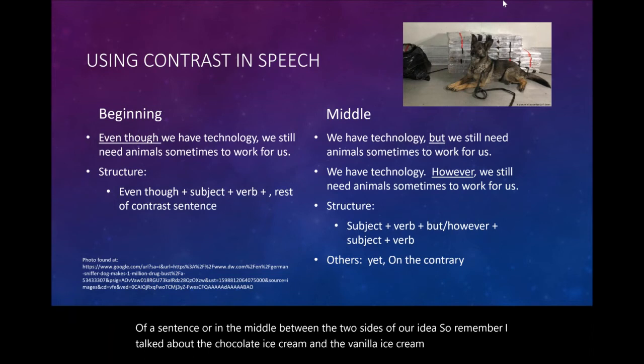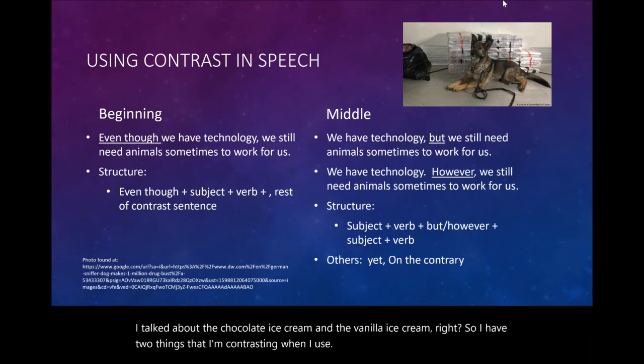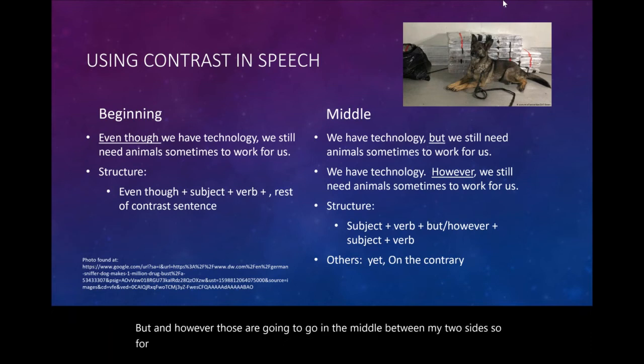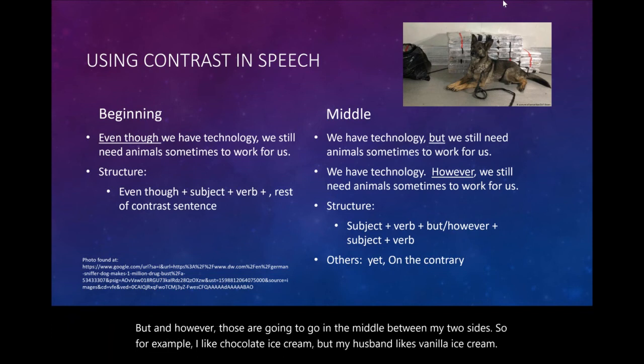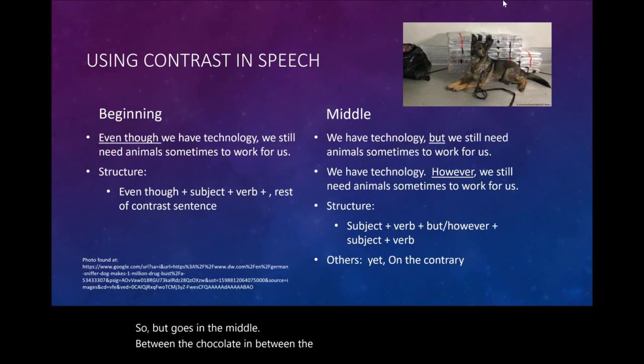So I have two things that I'm contrasting. When I use but and however, those are going to go in the middle between my two sides. So for example, I like chocolate ice cream, but my husband likes vanilla ice cream. So but goes in the middle between the chocolate and the vanilla points.